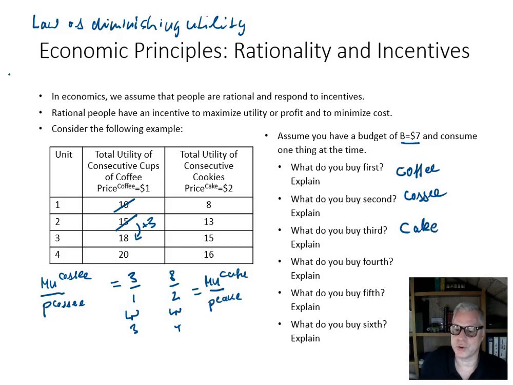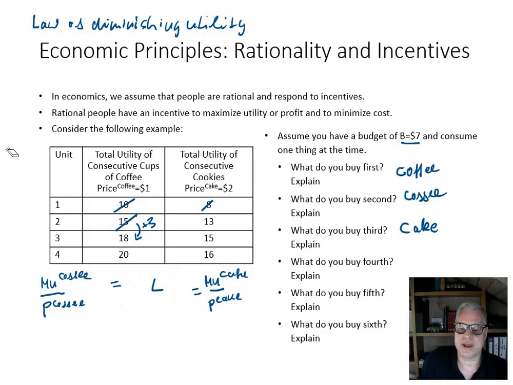So the third choice is a cake, because now the marginal utility per dollar spent on cake is 4, but if I had a third cake, it would be only 3 extra units of utility per dollar spent. Okay, so now what is my fourth choice?